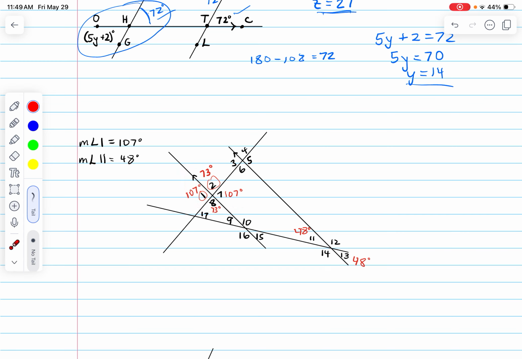I can get all 4 of these down here as well, because I can do the supplementary thing. I can take 180 minus 48, and that's going to give me 132. So I've got 132 here, and the vertical angle 132 there. So now I've got all of those.